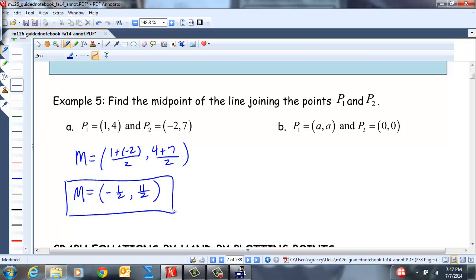Good so far? All right. This one is more of a thinker problem that actually turns out to be pretty easy. It'll be (a plus 0) over 2, comma, (a plus 0) over 2. So the midpoint will be a over 2, comma, a over 2, whatever a is.